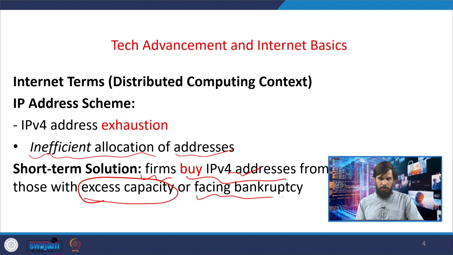Or there are firms which might have run out of business, they might be facing bankruptcy, they might be on the verge of closeout. So, what happens to their IPv4 addresses? Obviously those can also be bought by other firms who need more IPv4 addresses. So, the short term solution is this buying of IPv4 addresses from those with excess allocation, right.